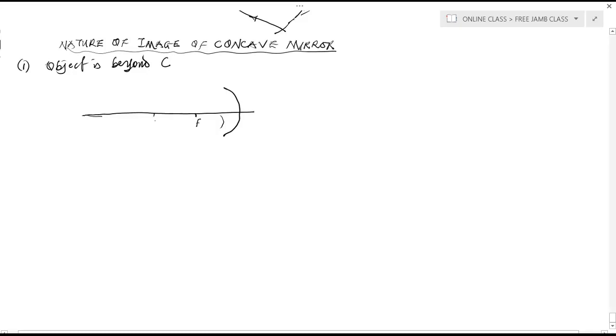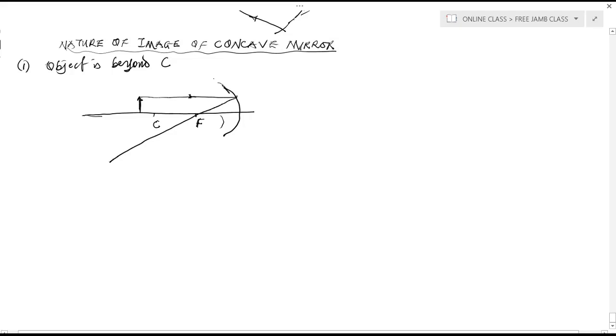These are 2F or C. Okay, let me use the principal focus, and the object is here. The first thing you do is to draw a parallel line to the principal axis. And that parallel line will reflect back through F, like this.